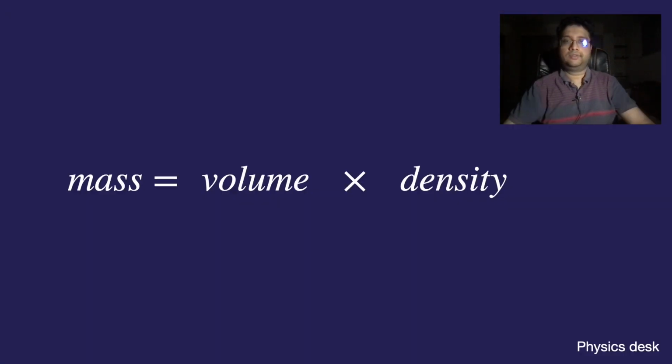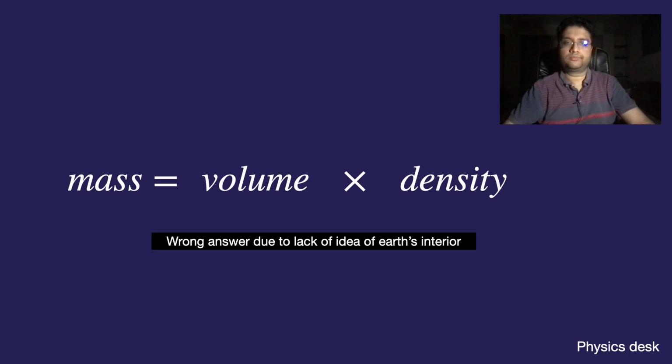They even tried to guess its volume and density. From there, they estimated its mass by multiplying density and volume. However, they got the wrong answer because they had no idea of Earth's interior, and hence the wrong result for both its density and mass followed.